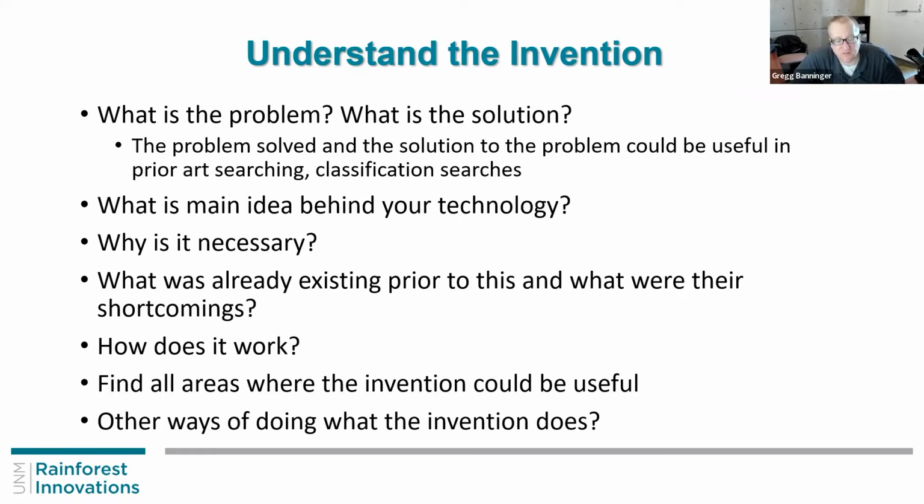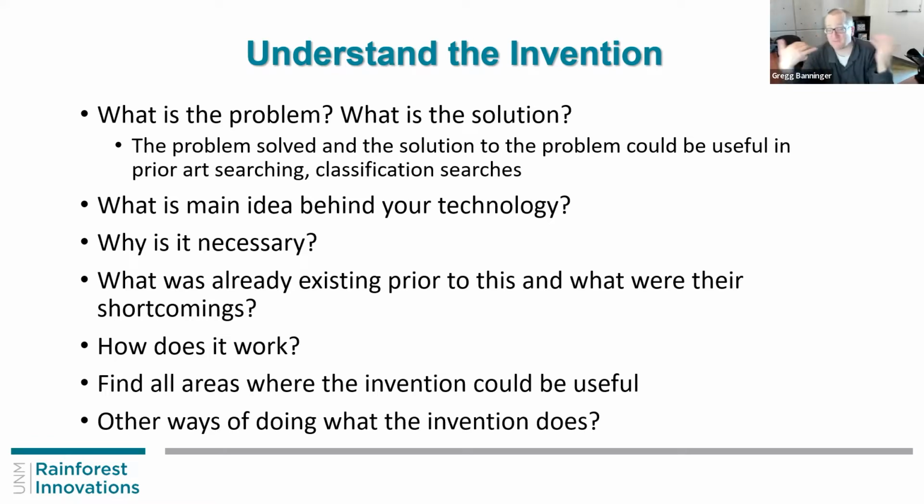Find all the areas where the invention could be useful. Your invention may be used for one thing, but there might be prior art in a completely different area, the same device doing something different. That might still be prior art to your invention, even though it's in a completely different area. Think of other ways of doing what the invention does.